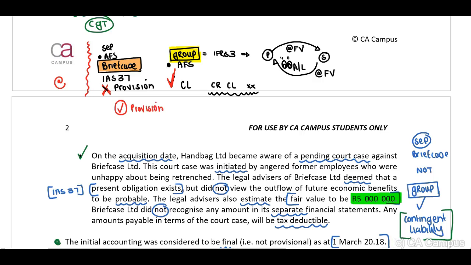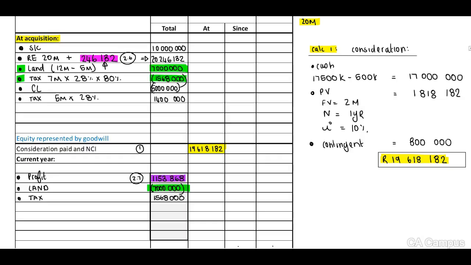Therefore, in our group, we need to now take out the amount that we have recognized at acquisition. Therefore, in your analysis of owner's equity, we need to take out our contingent liability, the 5 million, and the tax portion associated to this. We need to reverse this.